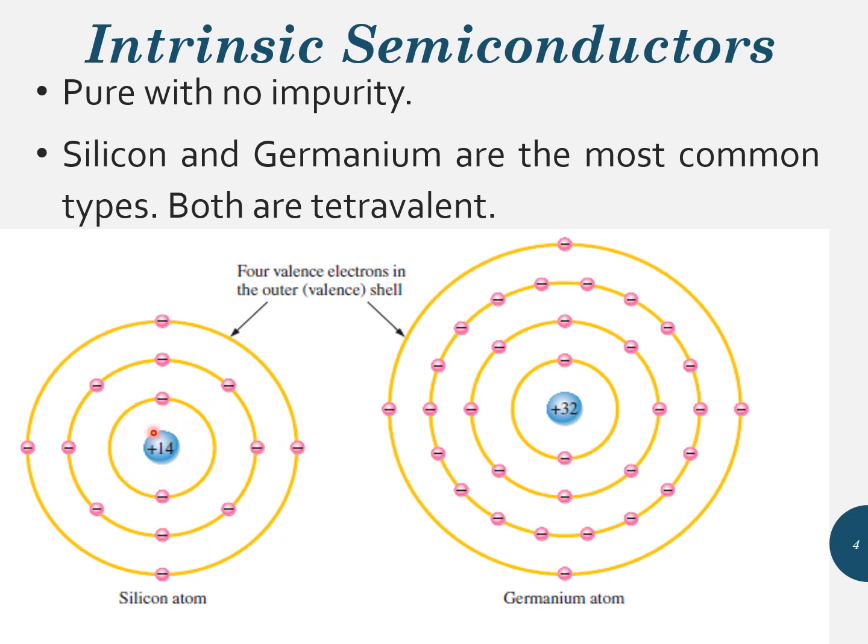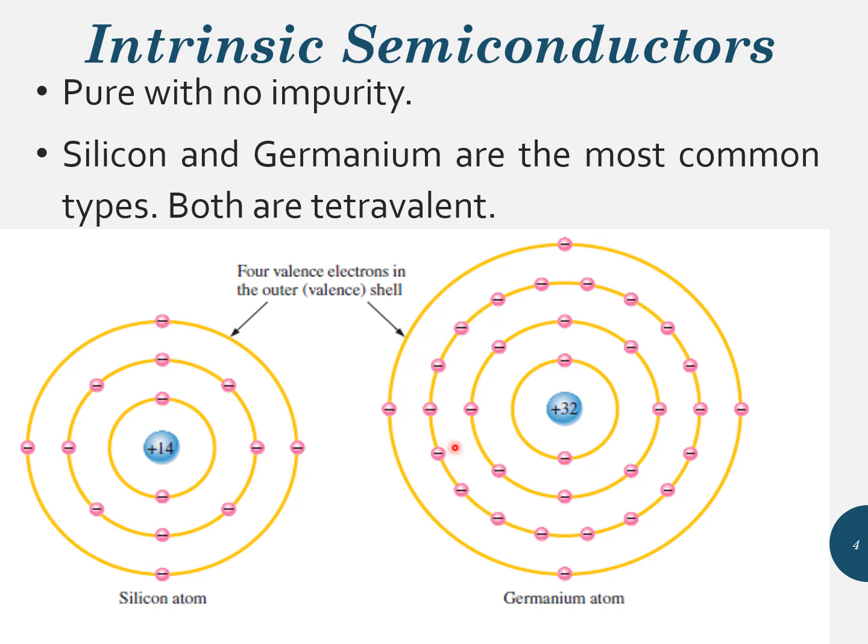This means that the germanium valence electrons are at higher energy levels than those in silicon, and therefore these valence electrons in germanium require a smaller amount of additional energy to escape from the atom.